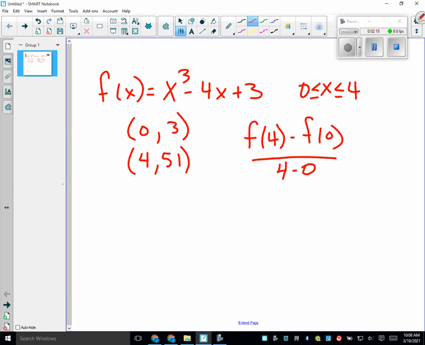Remember, this is 1-1. We had not done derivatives yet. F of b minus f of a over b minus a, right? So, isn't this 51 minus 3 over 4?